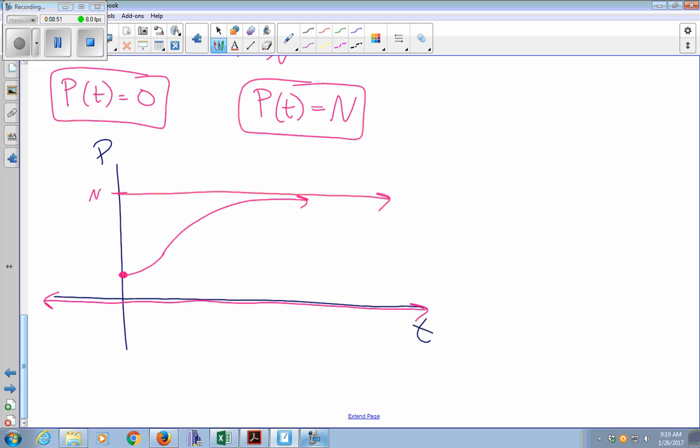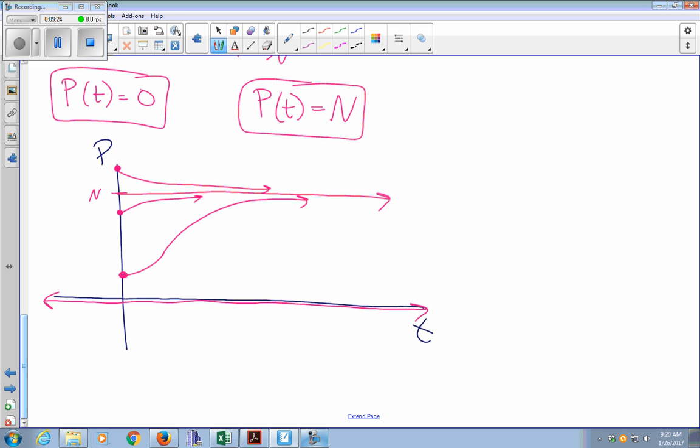What if the population starts larger than n? Like I just dropped 500 rabbits in an environment that can only hold 300. It's going to go down to n. What if I start really close to the carrying capacity? It grows slowly towards the carrying capacity, yeah. So I know exactly what these solutions look like, even though I don't have a formula for the solution curves, right?